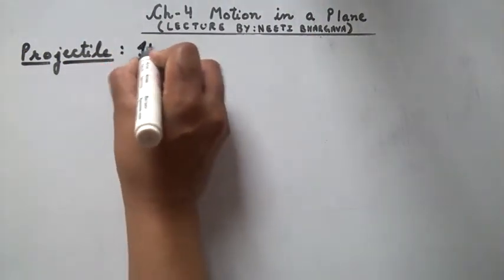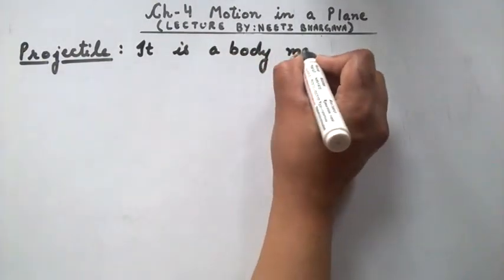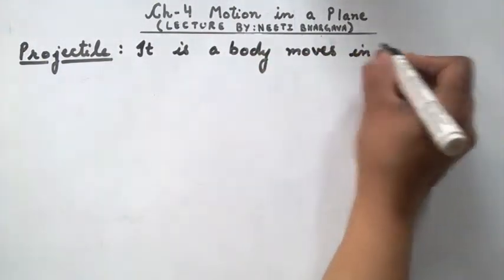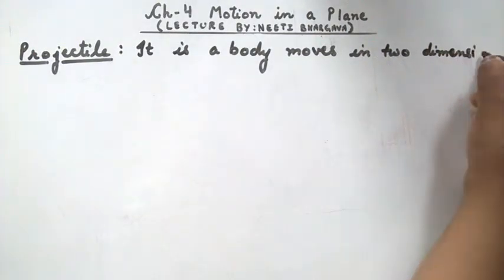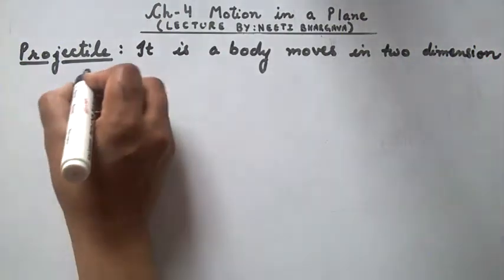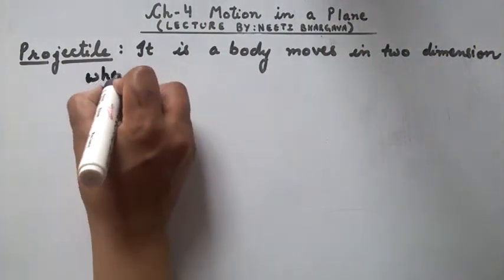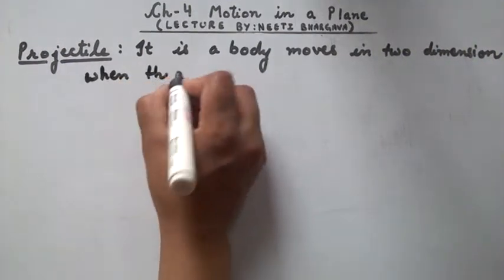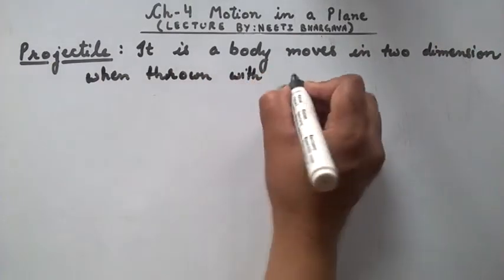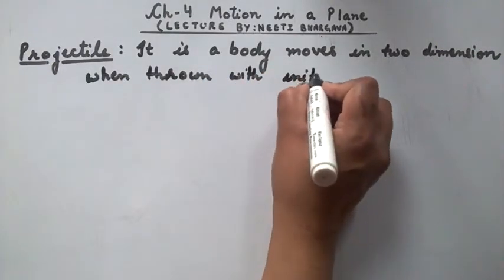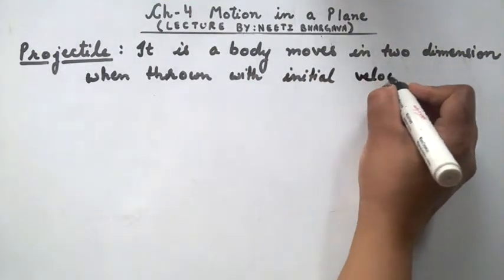So it's a body which moves in 2 dimensions, that is in a plane, when thrown with initial velocity, is a projectile.